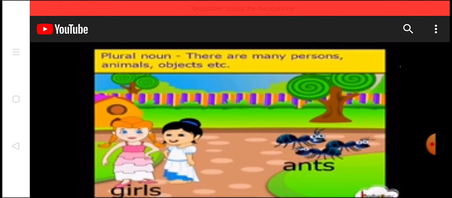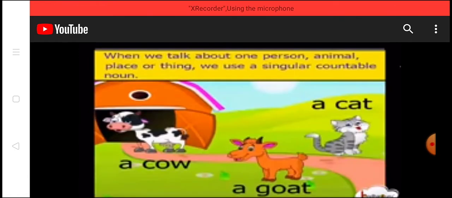So students, remember to make a singular into plural, there will be some change in the spelling of the words. Some letters will be included or else something will be excluded. Let us see the spellings of these nouns. When we talk about one person, one animal, one place or thing, we use a singular countable noun.